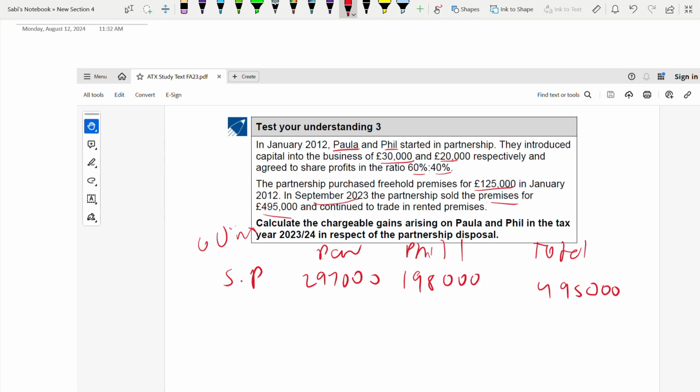Now cost also 60-40. What is the cost? 125,000. 60 would be 75,000, and 40 would be 50,000.